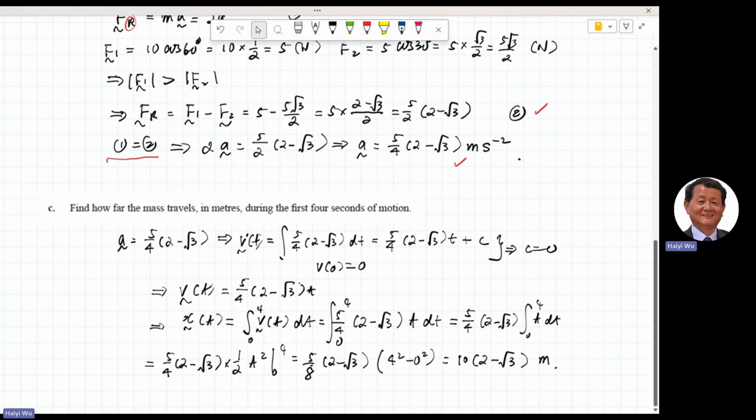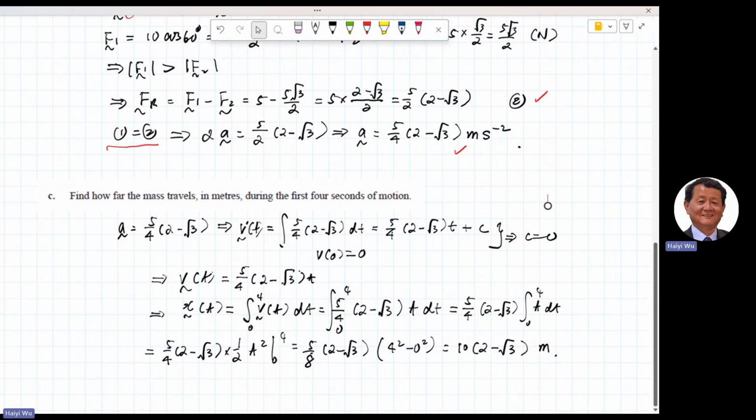Now we're going to do question C: how far does the mass travel in meters during the first 4 seconds? Let's do the integration first.